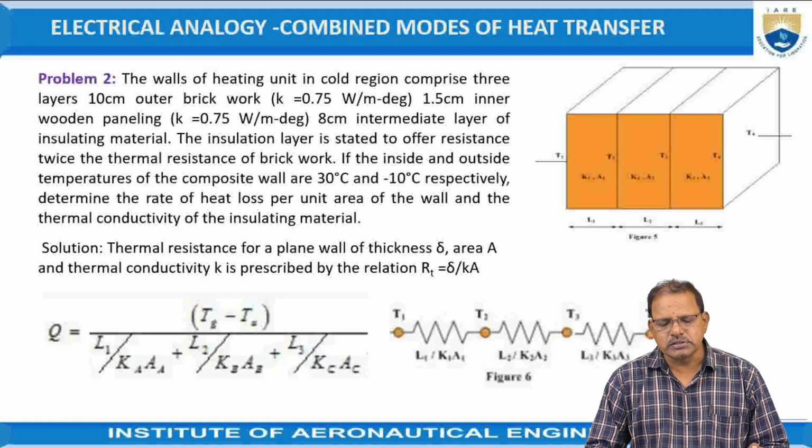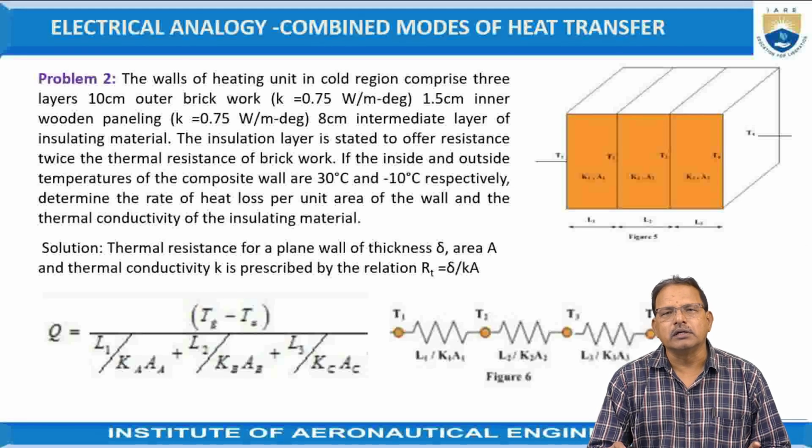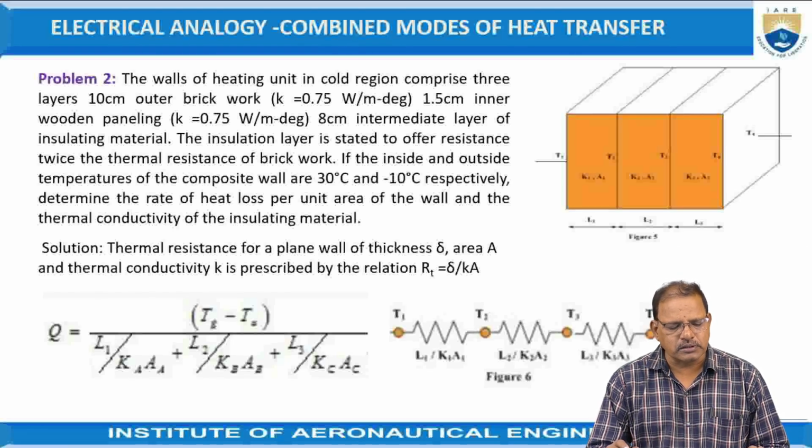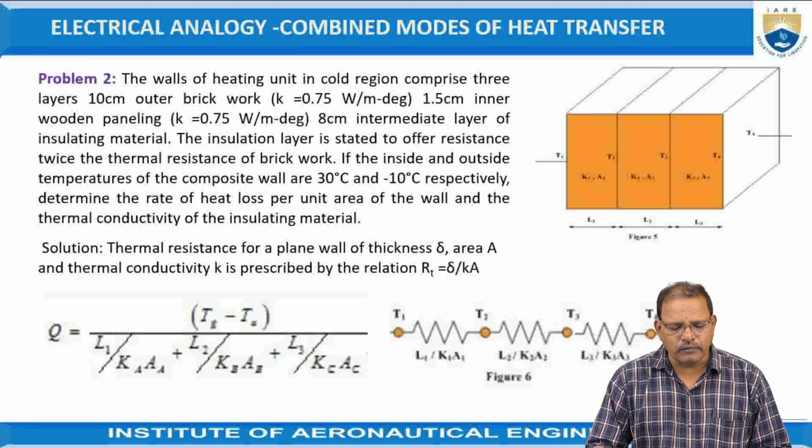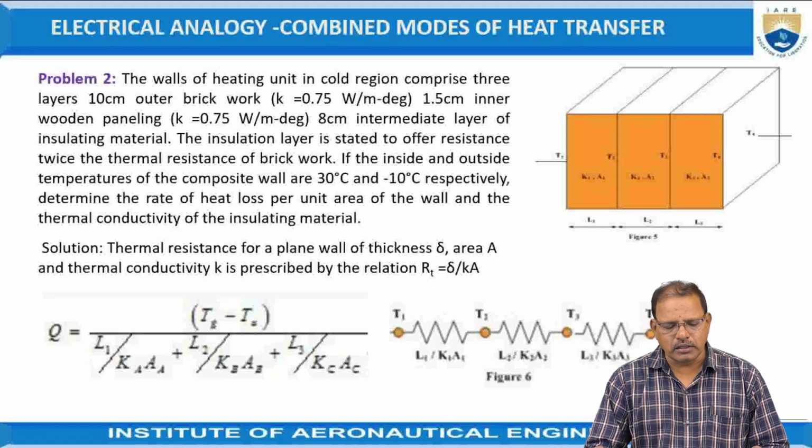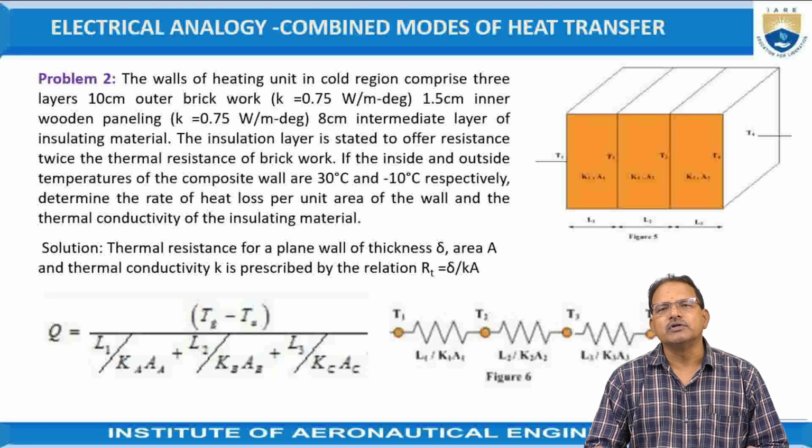The insulation layer is stated to offer resistance twice the thermal resistance of the brickwork. If the inside and outside temperatures of the composite wall are 30 degrees centigrade and minus 10 degrees centigrade respectively, determine the rate of heat loss per unit area of the wall and the thermal conductivity of the insulating material.